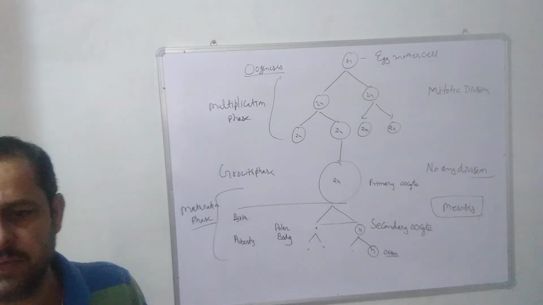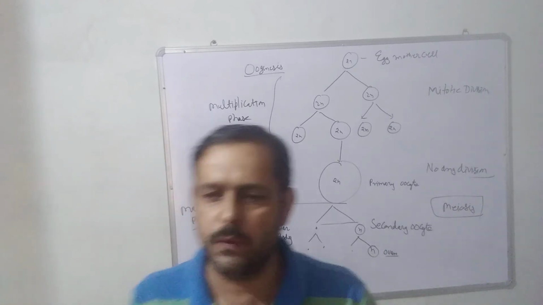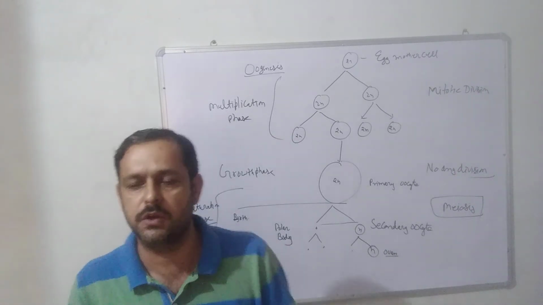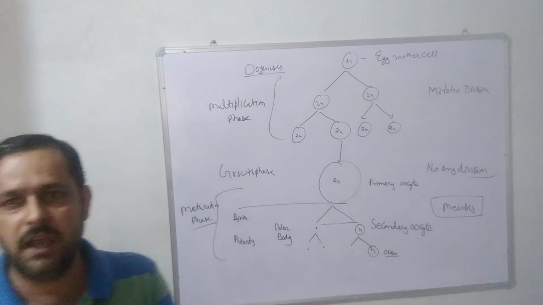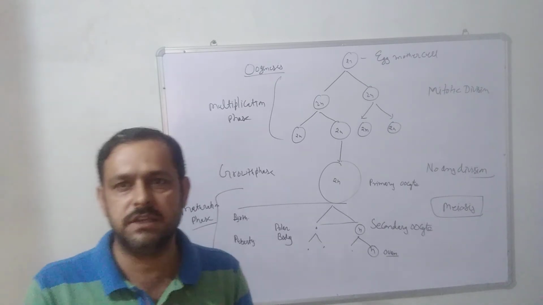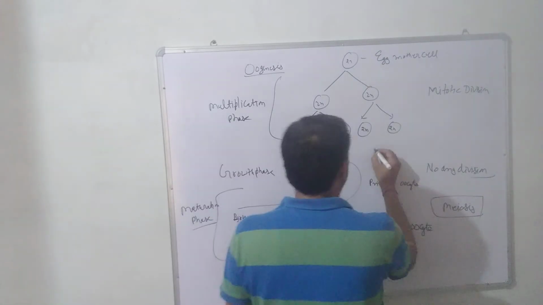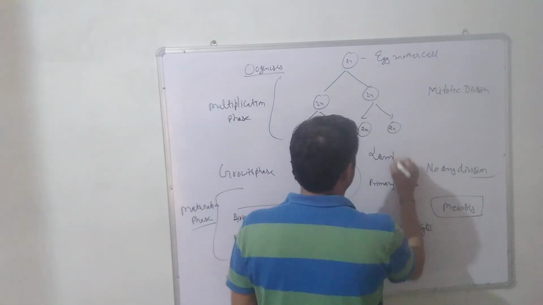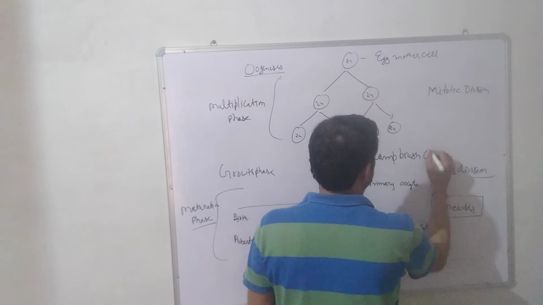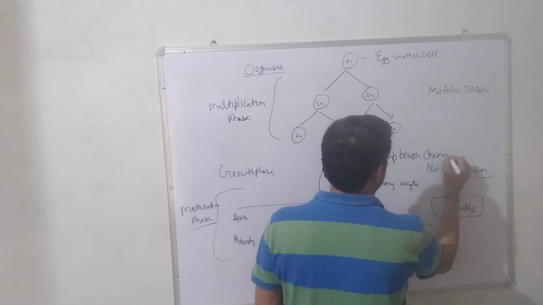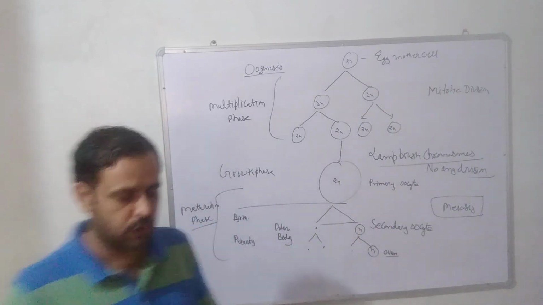The growth phase can be divided into 2 phases: pre-vitellogenesis and vitellogenesis. The volume of nucleus and cytoplasm increases in pre-vitellogenesis. And a second important point: lampbrush chromosomes are also formed in the growth phase.